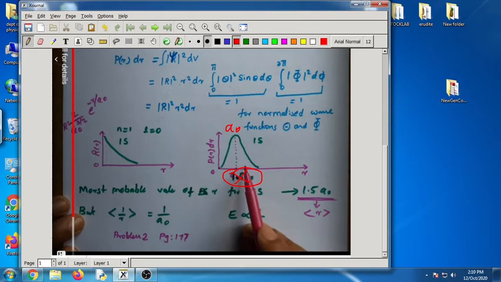So the most probable value of r for the 1s electron is simply A0. And 1.5 A0 is not the most probable value; it is the expectation value of position, which means an average value. I'll explain this more using an example.